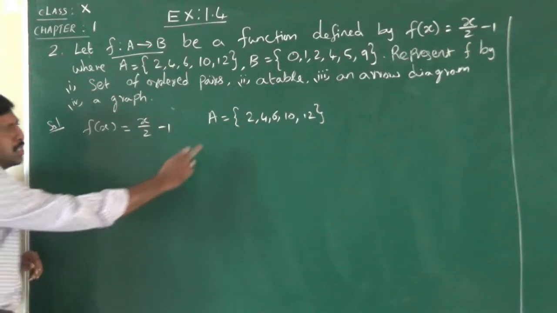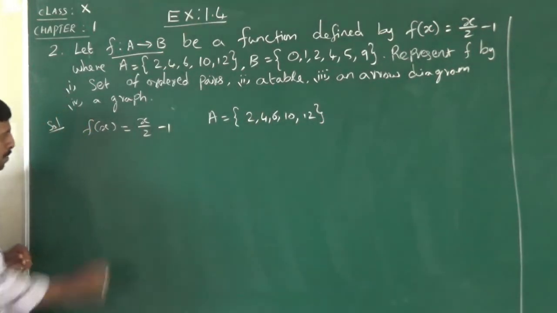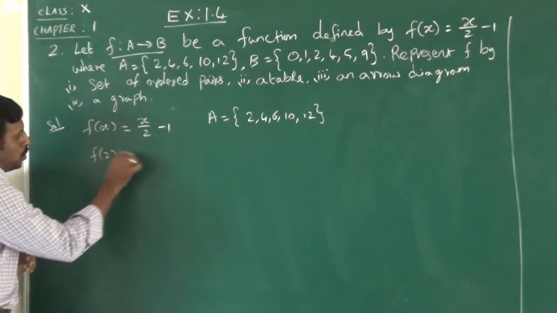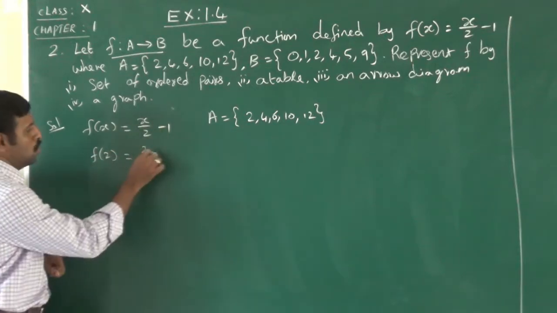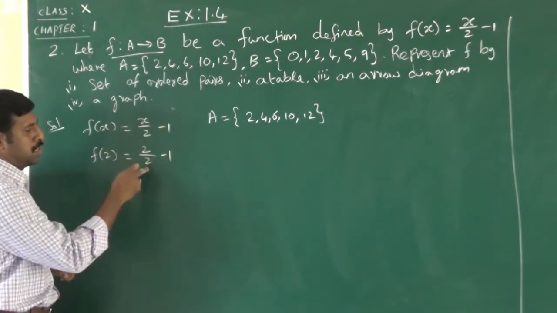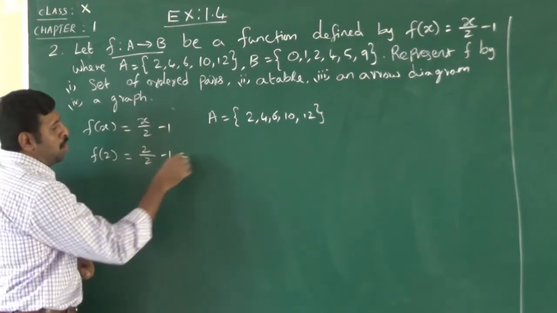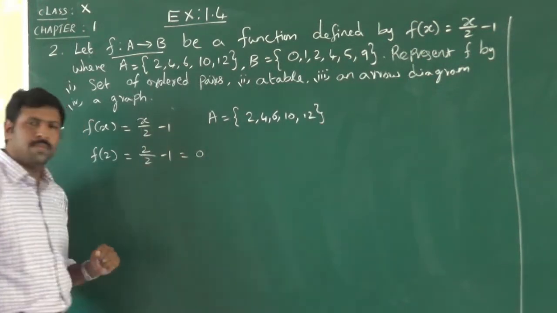Next we have to substitute the values of x. f of 2: in the place of x I apply 2, then we get 2 divided by 2 minus 1. 2 divided by 2 is 1, 1 minus 1 is 0.